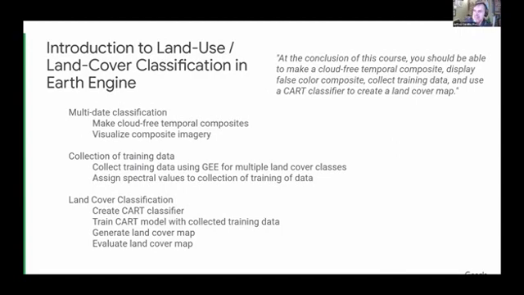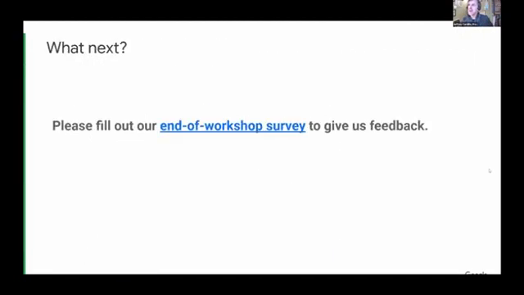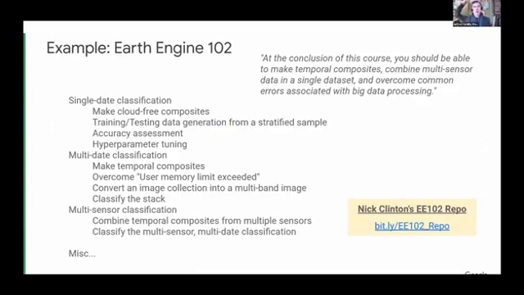So let's go to slide, where to? 16, 17, almost. Yeah, let's go to slide 17. Backwards one, if you would, Rylan. This says Earth Engine 102.